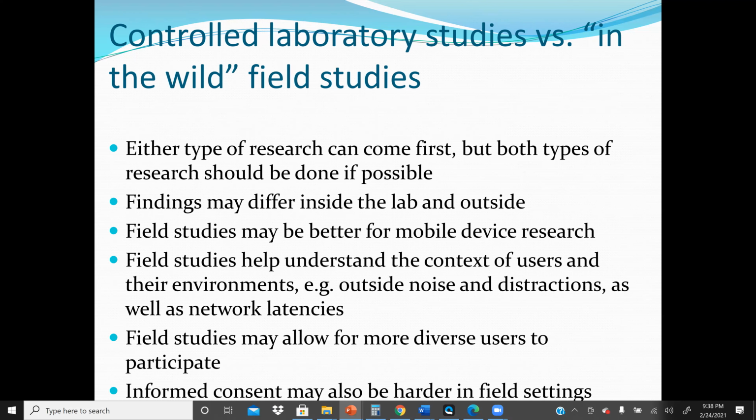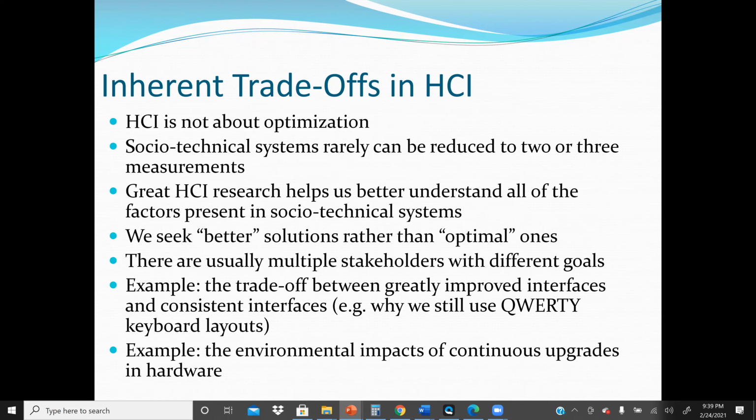Outside noise and distraction, as well as network latencies, will be noticed. Field studies may also allow for more diverse users to participate. Informed consent may be harder in field settings.